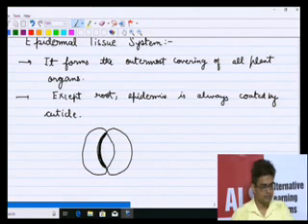The inner layer, the inner cell wall, is very, very thick. And there are the subsidiary cells.